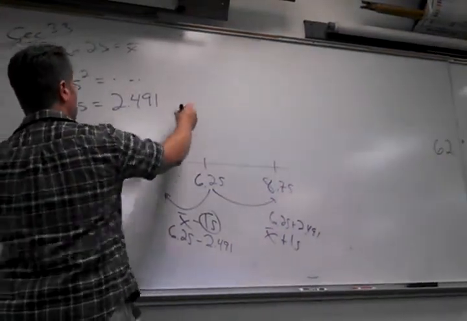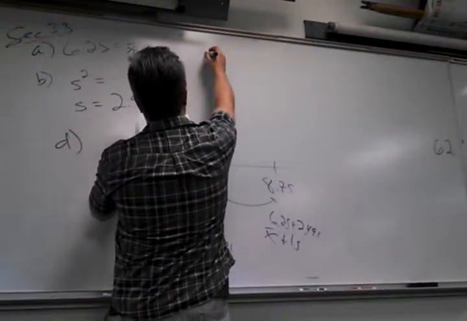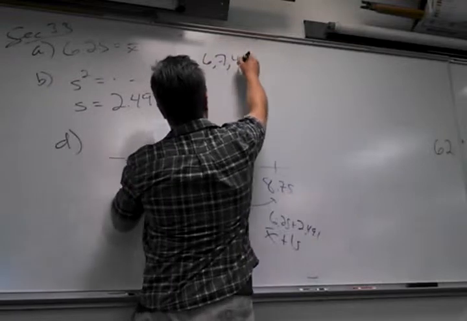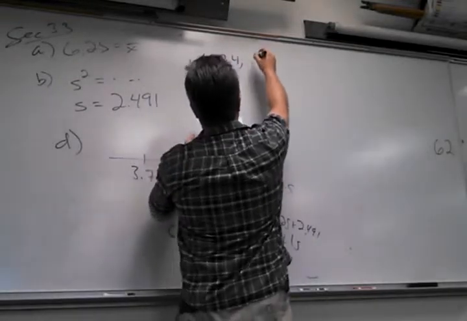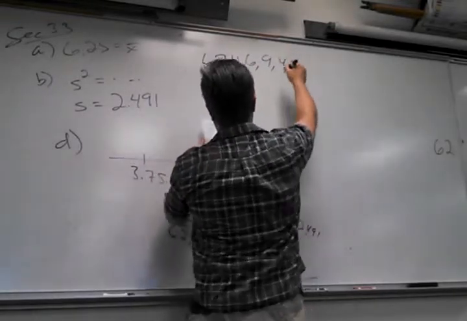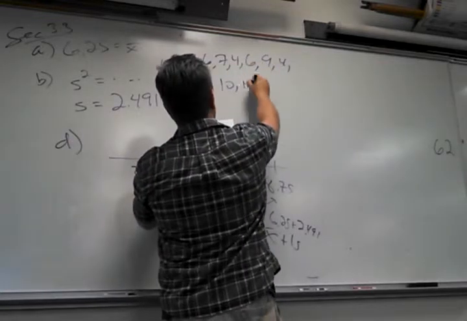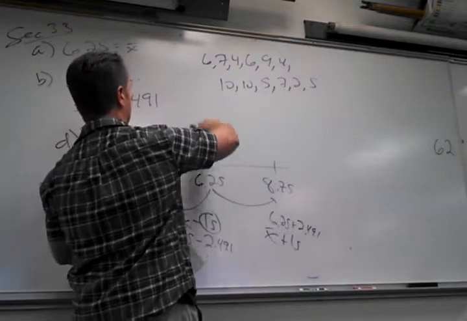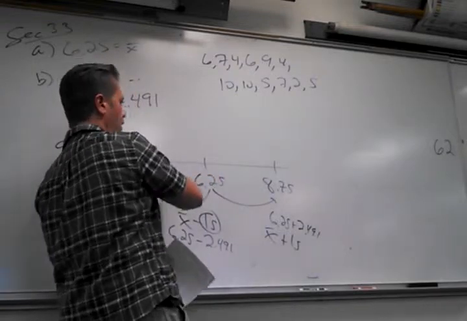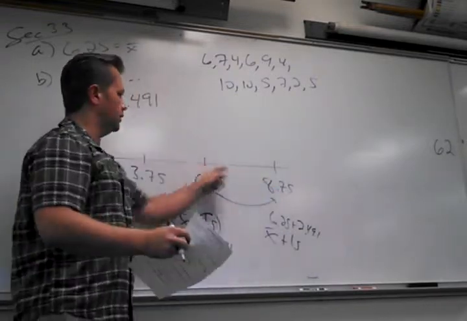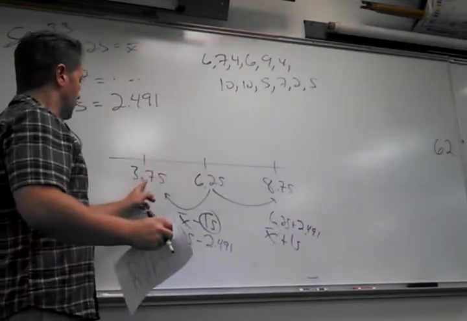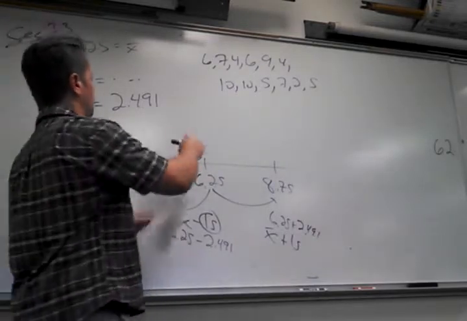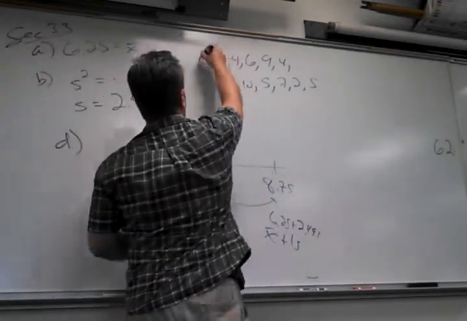The data looks like this: 4, 6, 9, 4, 10, 10, 5. Let's circle the ones that are in between, between like 4 and 8. Would 9 be in here? No. Would 3 be in there? No. So between 4 and 8.